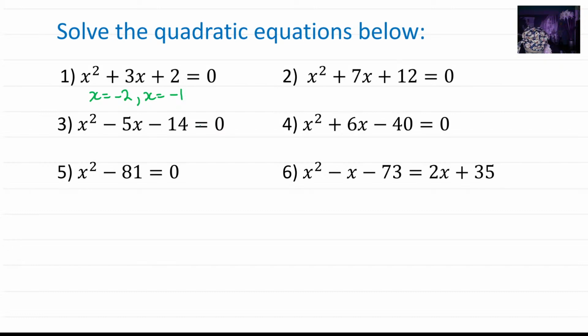X minus 7, x plus 2. Oh, okay, you've done number 3. Where's number 2? You went down. Okay, never mind. That's fine. Okay, so for number 2, you're going to have x equals -4 and x equals -3. Okay. Well done. That's much better.